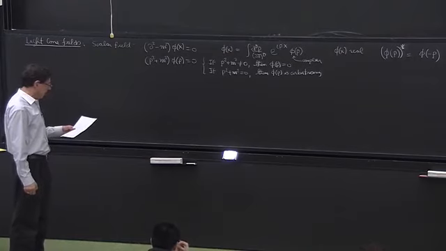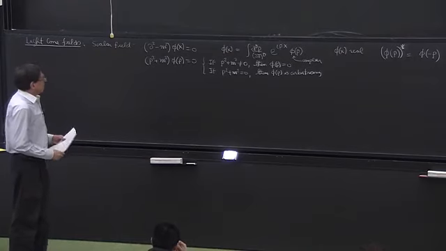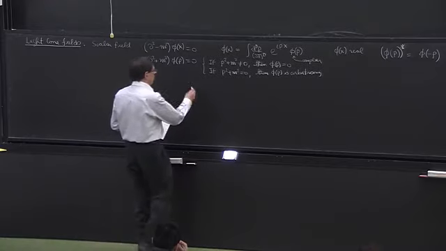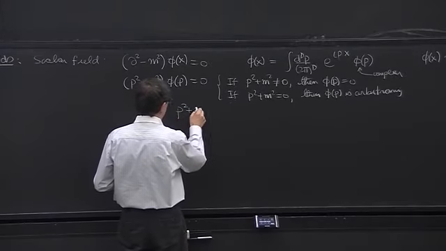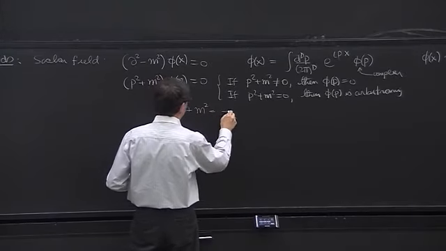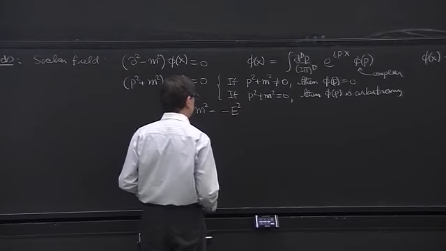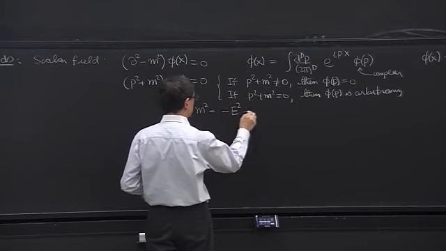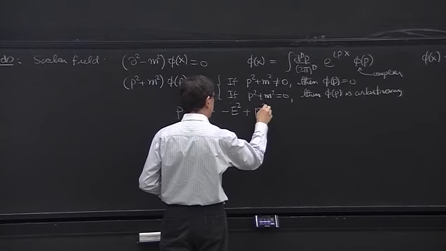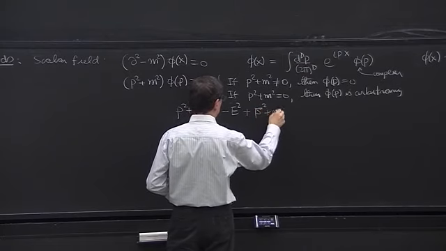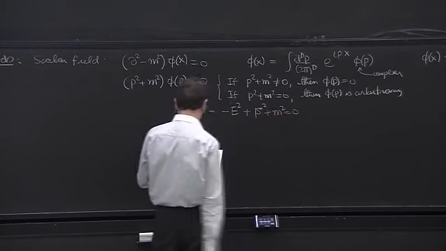That's what it is. So what is p² + m²? It is equal to minus the energy squared, putting the speed of light equal to 1, plus the vector p squared plus m² equal to 0.